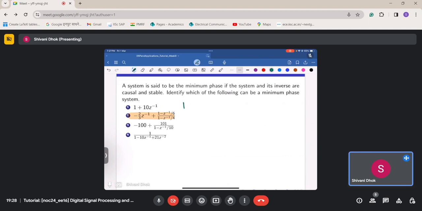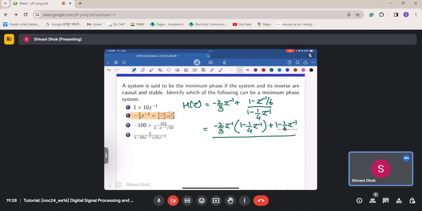So we have H of z as (minus 2 by 3 z inverse plus 1 minus z inverse by 6) upon (1 minus 1 by 4 z inverse). So this I can write as minus 2 by 3 z inverse multiplied by (1 minus 1 by 4 z inverse), plus (1 minus 1 by 6 z inverse), divided by (1 minus 1 by 4 z inverse).